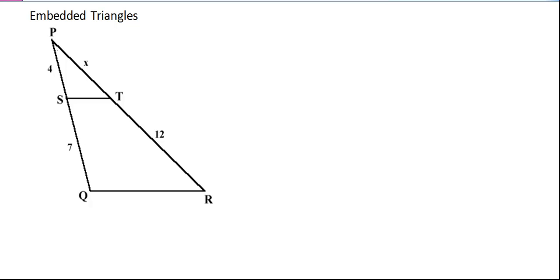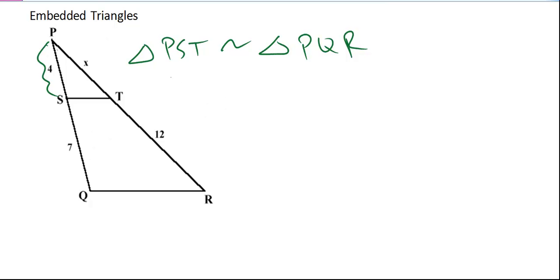But the key now is, since I know that triangle PST is similar to triangle PQR, now I can set up proportions, but I have to be careful. For instance, this 4 in PS corresponds not with 7. It corresponds with PQ. And PQ is this entire distance, not 7, but 11.